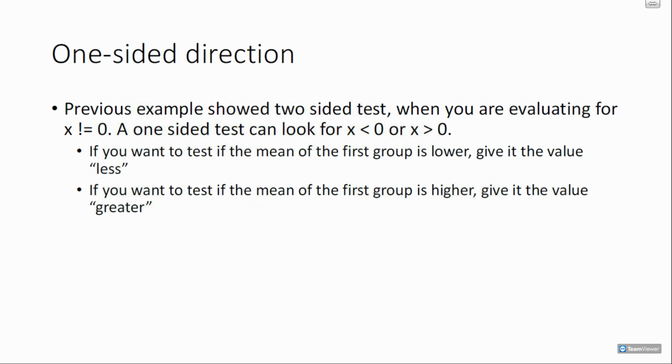So with one-sided tests, what you want to do is check if your data above the mean or below the mean is different in the two groups that you're testing. A one-sided test is a very biased test.